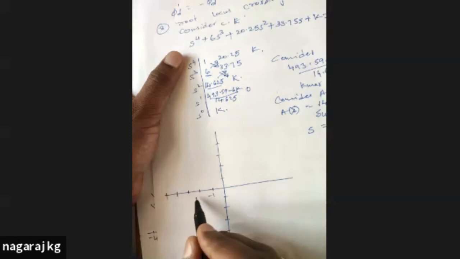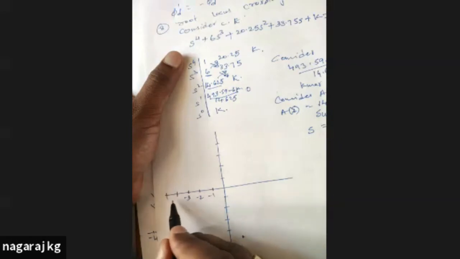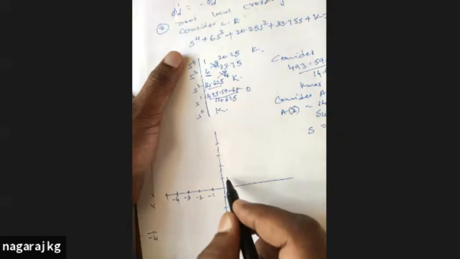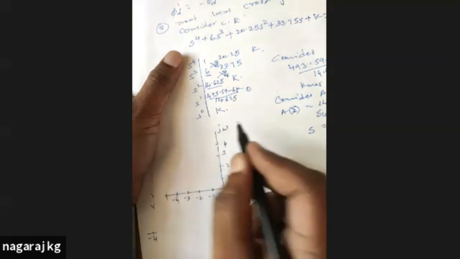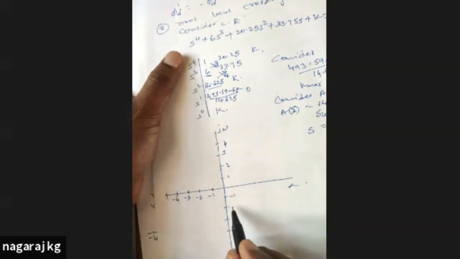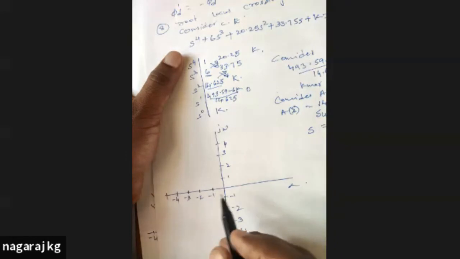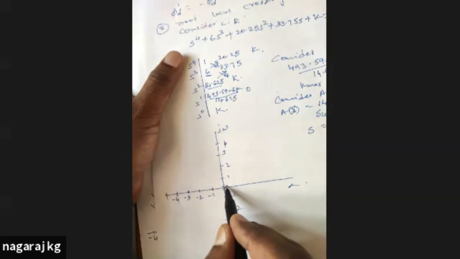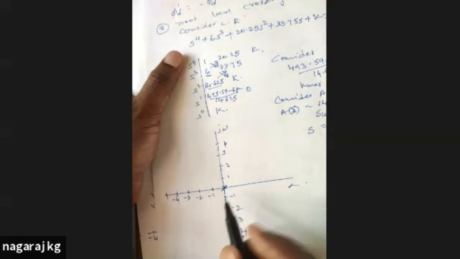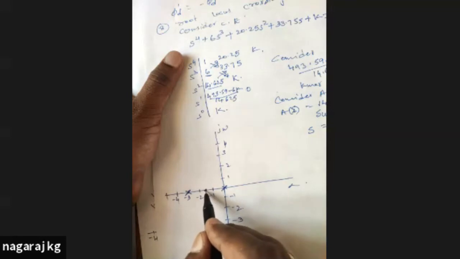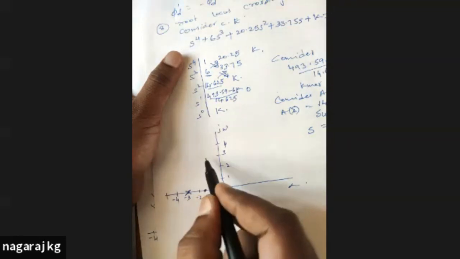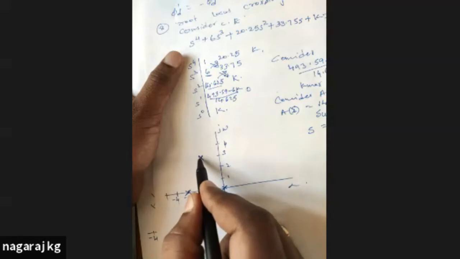This is -1, -2, -3, -4, like this, and 1, 2, 3, 4. The j omega axis, the sigma axis. Earlier we located the poles: one at 0, one at -3, and -1.5 plus or minus j3.